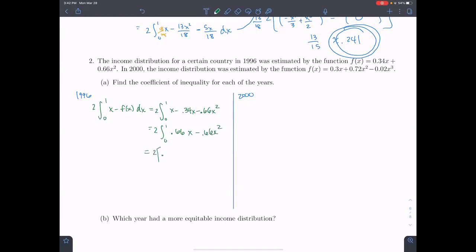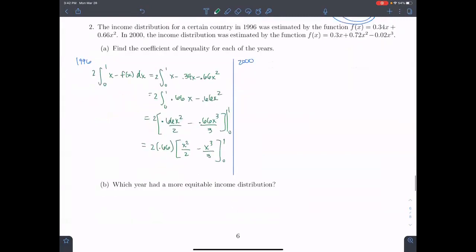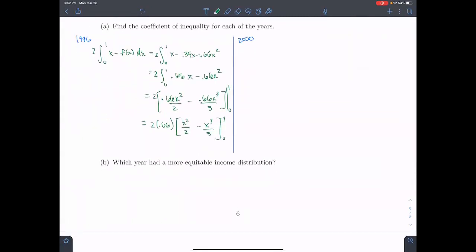So 2 times 0.66x squared over 2 minus 0.66x cubed over 3. And then you can do that same thing again. This is evaluated from 0 to 1 of 2 times 0.66, x squared over 2 minus x cubed over 3 evaluated from 0 to 1. I have 0.22.